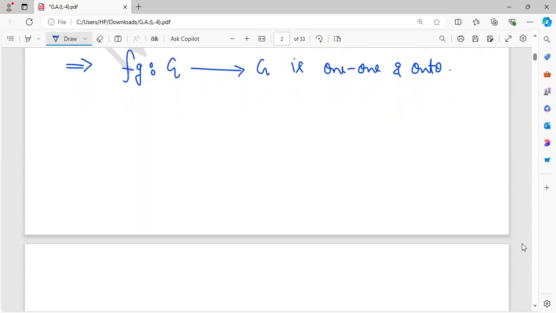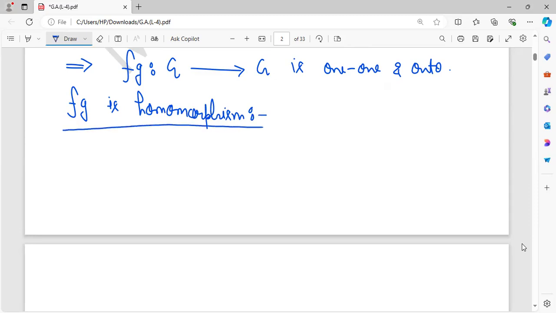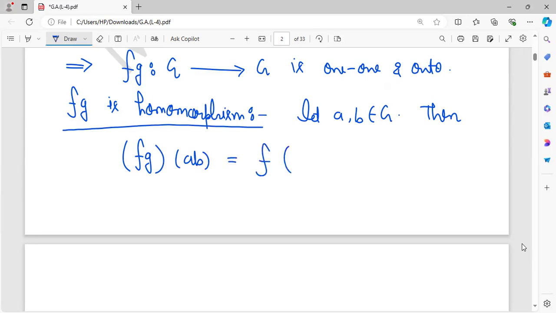Now, fg is a homomorphism. Let a and b belong to G. Then we have fg(ab) is equal to f(g(ab)).